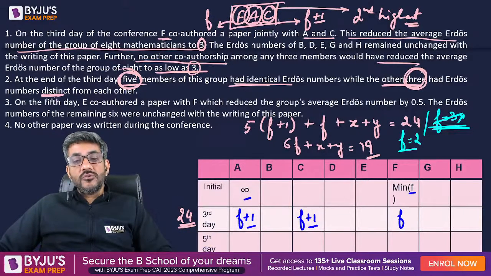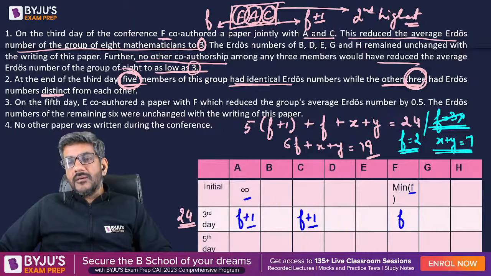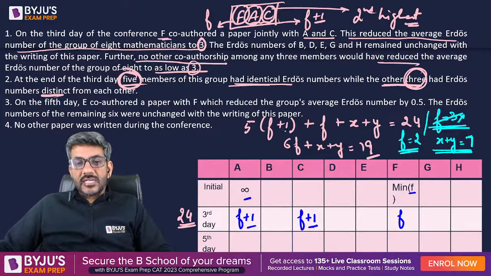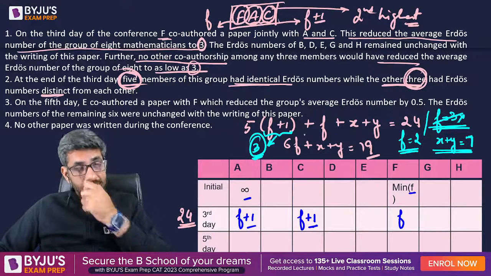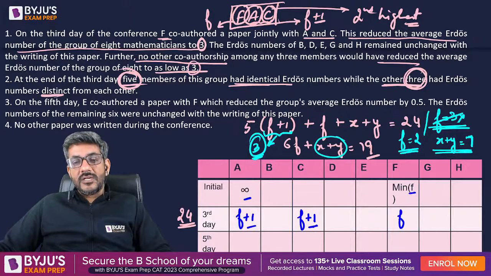If F is equal to 2, then X plus Y will become equal to 7. The problem is, if F is equal to 2, that means these 5 people with an LDOS number of F plus 1 are all having an LDOS number of 3, and X plus Y is equal to 7.